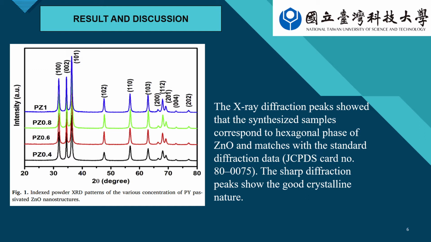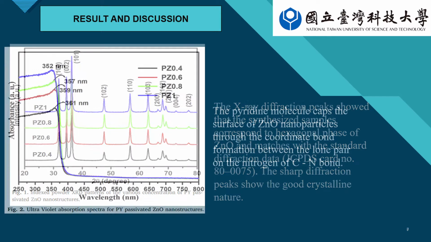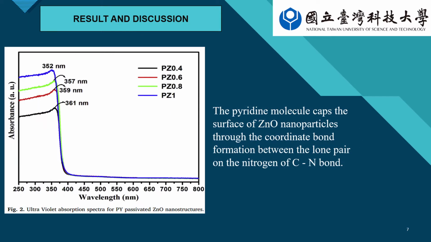The sharp diffraction peaks show good crystal nature. From the second feature, the absorption peak is shifted for passivated zinc oxide nanostructure compared to pure zinc oxide, as shown in this figure.